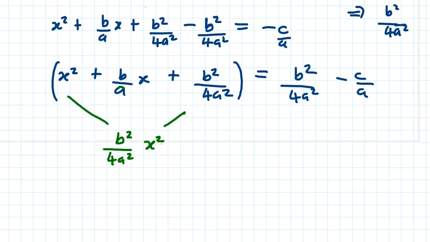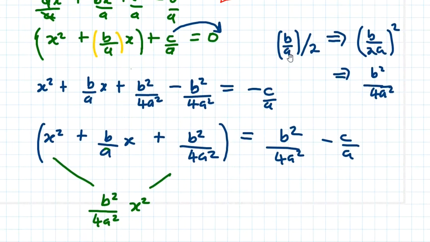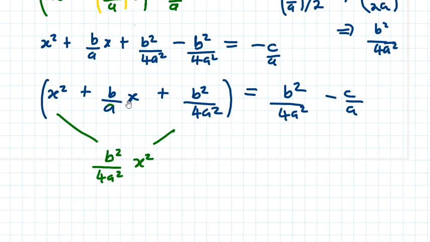Those two terms we actually get from the way we determined the new terms. Those new terms are b over 2a x and b over 2a x.